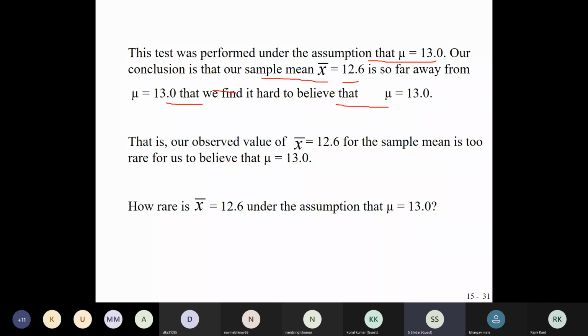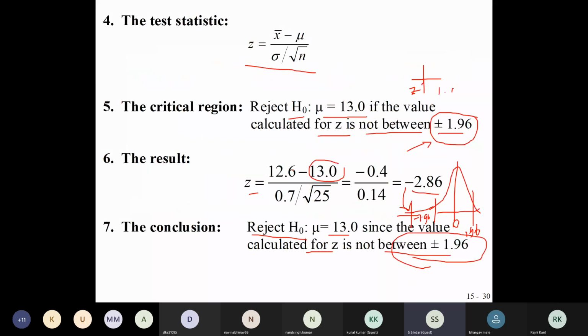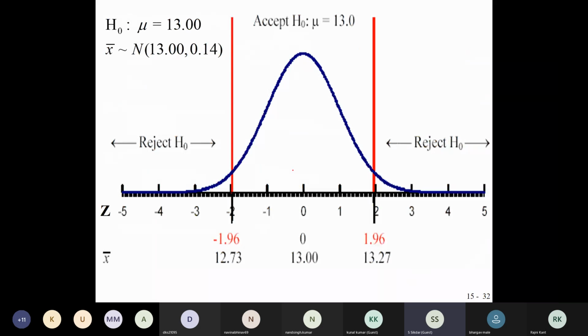Our observed value x bar is 12.6, but the sample mean is too rare for us to believe that mu is equal to 13.0. These are all given in the book in their own language, but the essence is up to this much, just for this example.